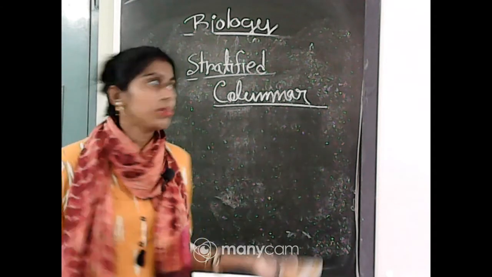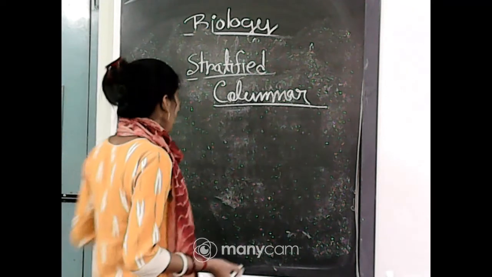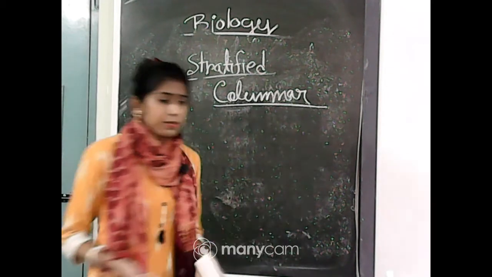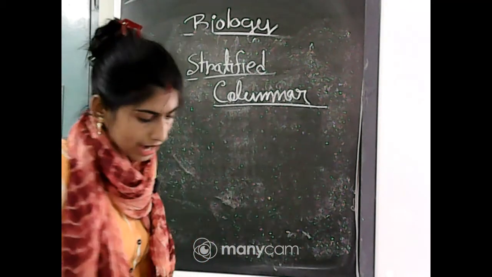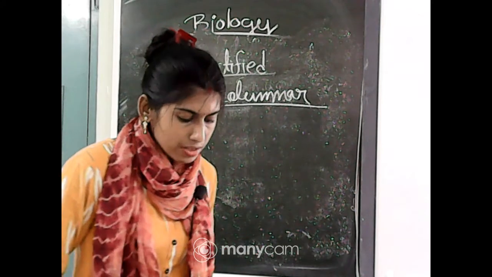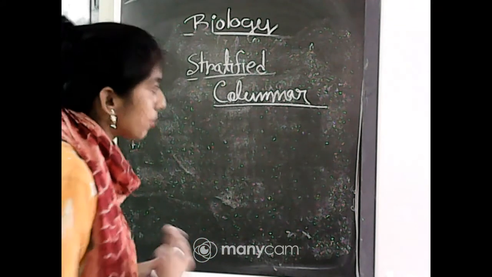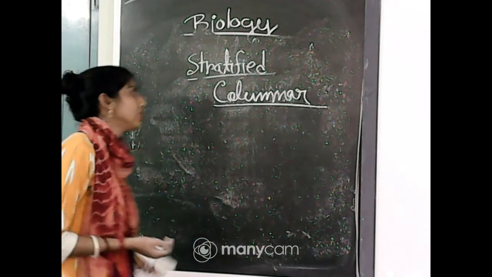Their locations are the epiglottis, urethra, mammary gland, and upper part of the palate. These are the locations where stratified columnar epithelial tissue can be found.